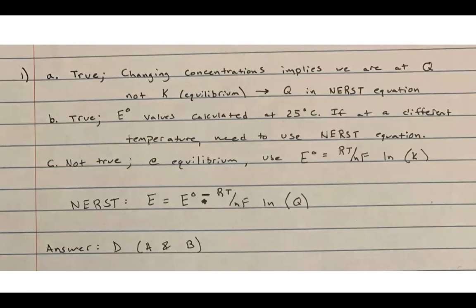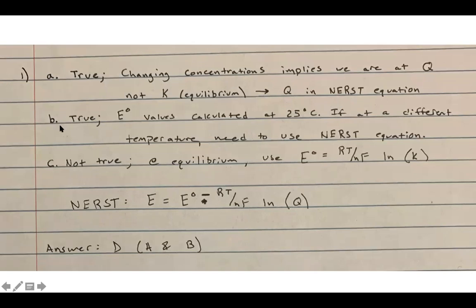If we're at Q, our reaction quotient, we have to plug Q into our Nernst equation. It's written at the bottom: cell potential equals standard cell potential minus RT over NF times the natural log of Q, our reaction quotient. Again, if we're changing the concentrations of reactants and products, we're at Q, and the only equation that includes Q is our Nernst equation.